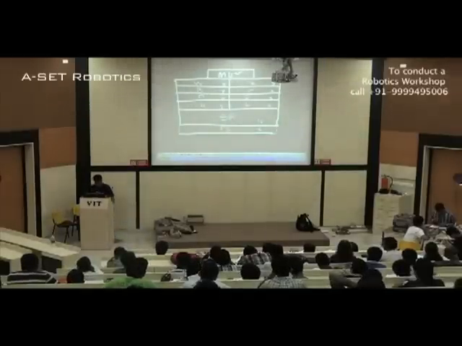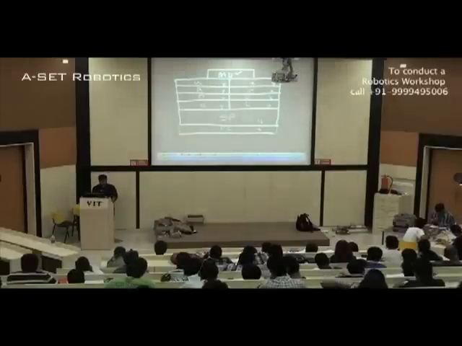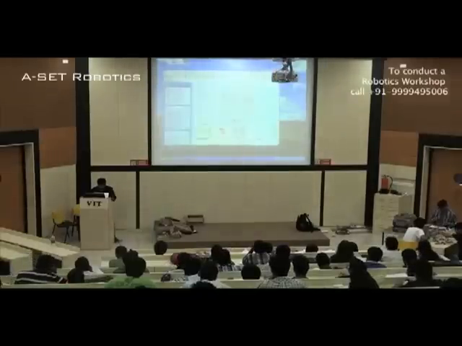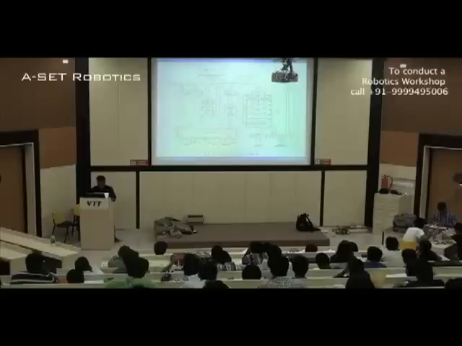This brings us to the end of the architecture of 8085. Now I'll close this down and maximize this diagram so that you can copy it if you have left out something.